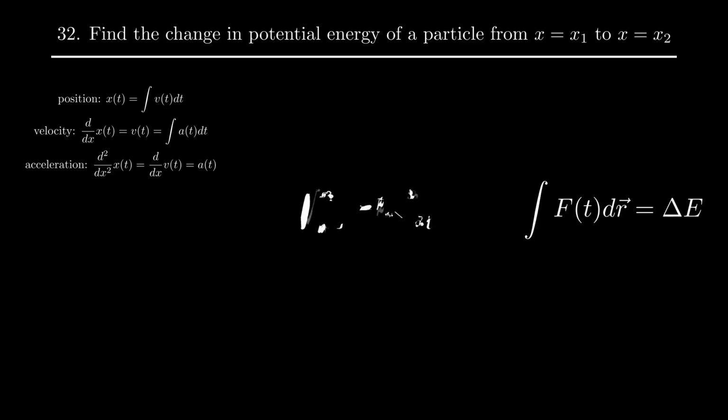Then we anti-differentiate and evaluate. And then, after some simplification, we are left with negative 1/2 k times the quantity of 1 over x2 squared minus 1 over x1 squared.